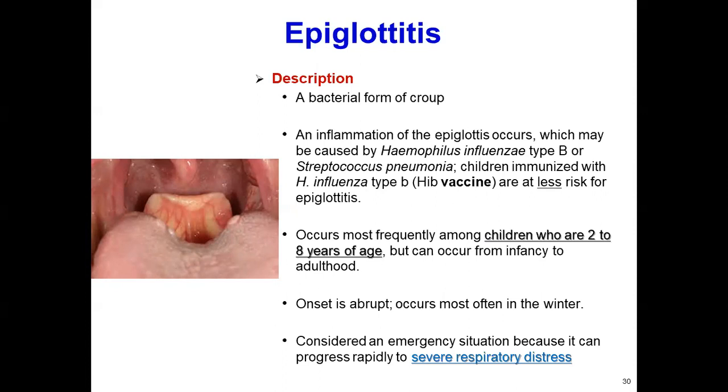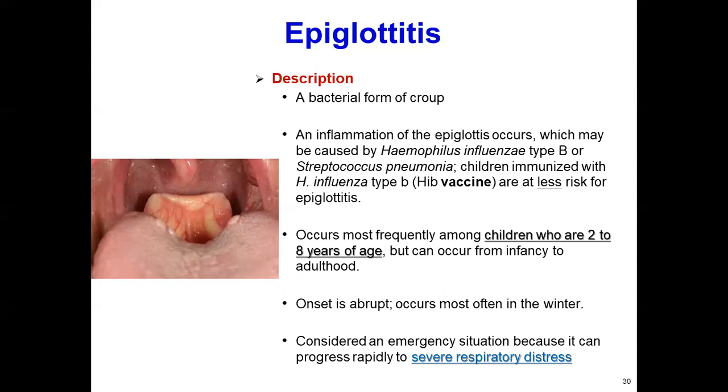When a patient comes to you with epiglottitis, we see excessive drooling, or the patient age group is 2 to 8 years. The patient has an inspiratory stridor.